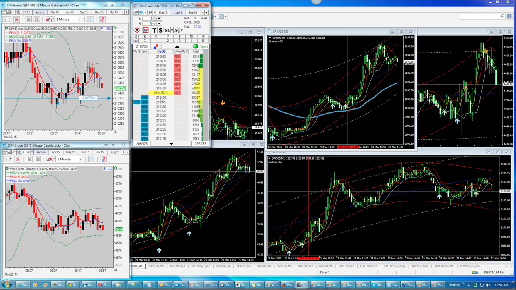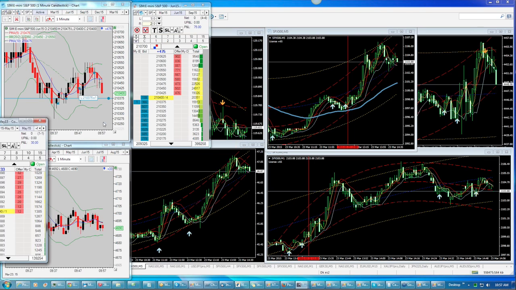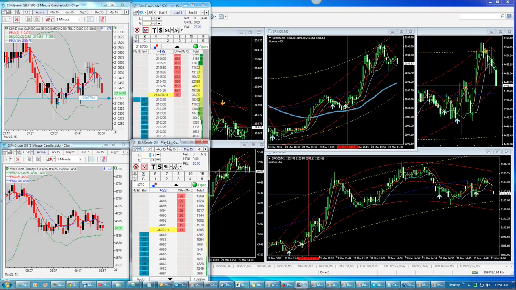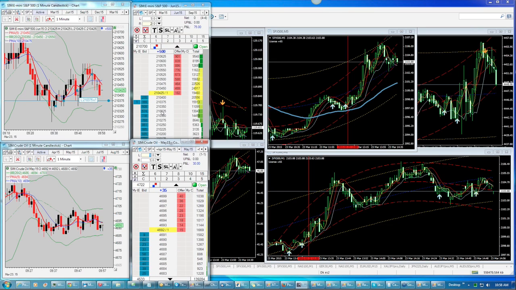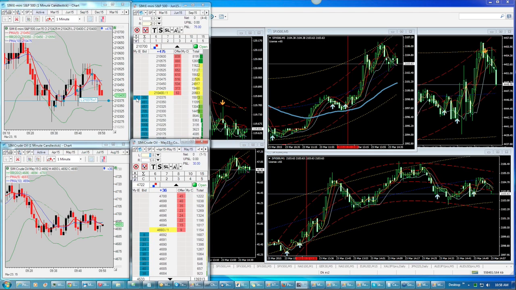Slow and steady. Now, you could do this on crude, but as we know, crude can get a little bit nutty. Probably gonna get filled.